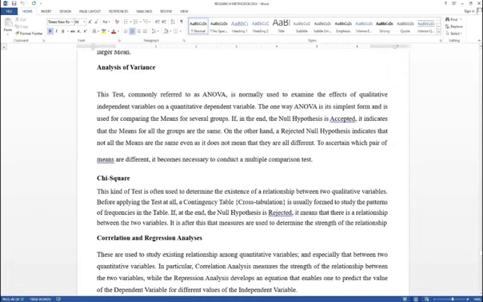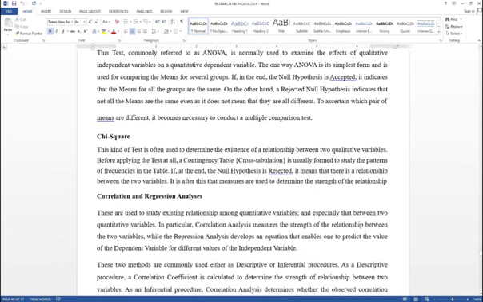It is after this that measures are used to determine the strength of the relationship. So when you discover that there is a relationship between the two variables, there has to be a relationship before you can begin to determine the strength. If something is not in existence, there is nothing, there is no strength to determine. So it is when the null hypothesis is rejected, showing that there is a relationship between those two variables, that we begin to think of determining the strength of that particular relationship.